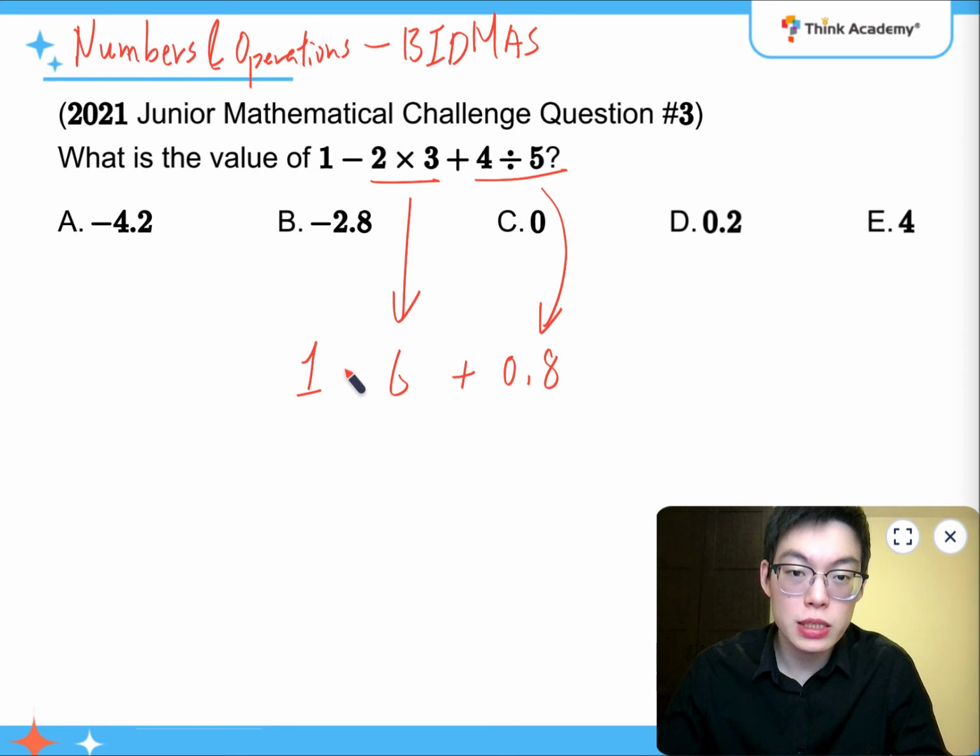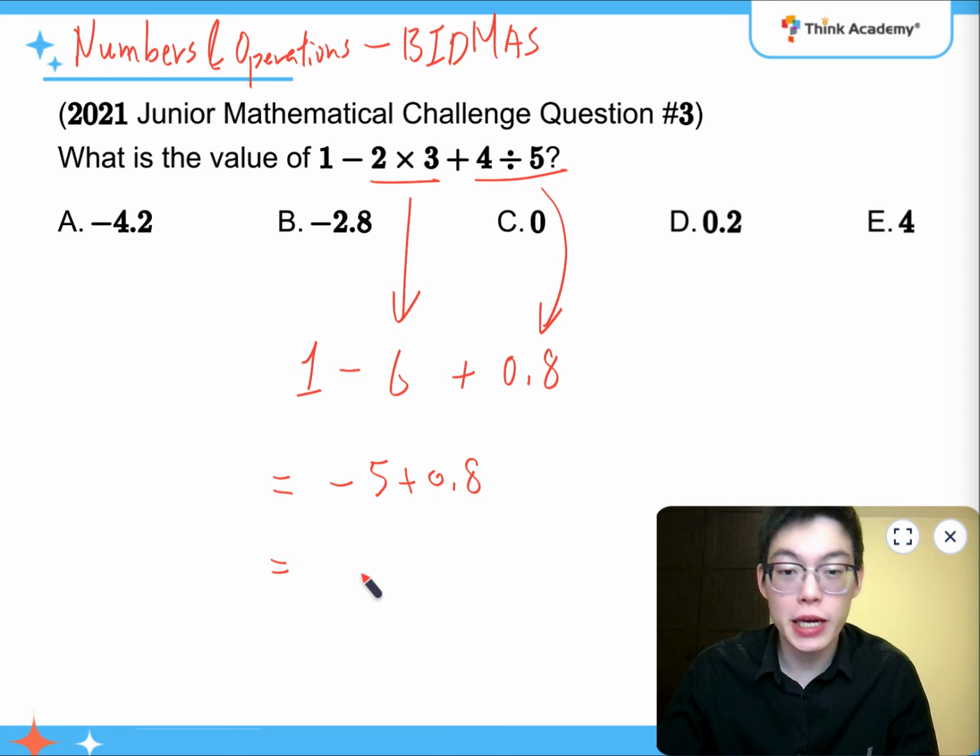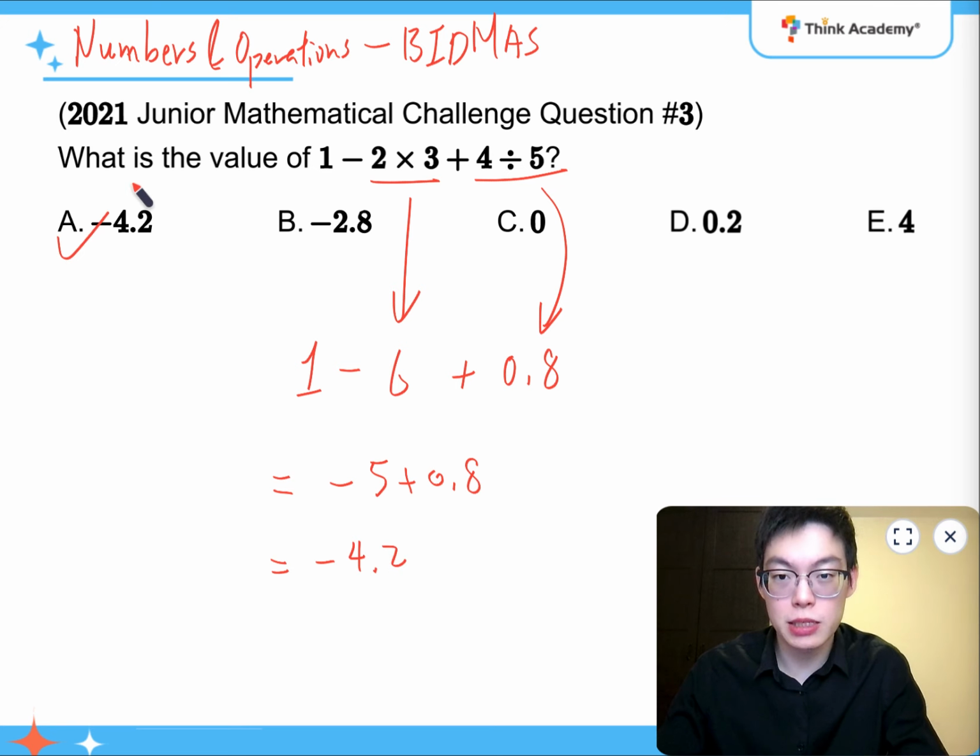So I'm having 1 take away 8 adding 1 take away 6 adding 0.8, which is minus 5 adding 0.8. And it is not minus 5.8, it is minus 4.2. So the answer is going to be A.